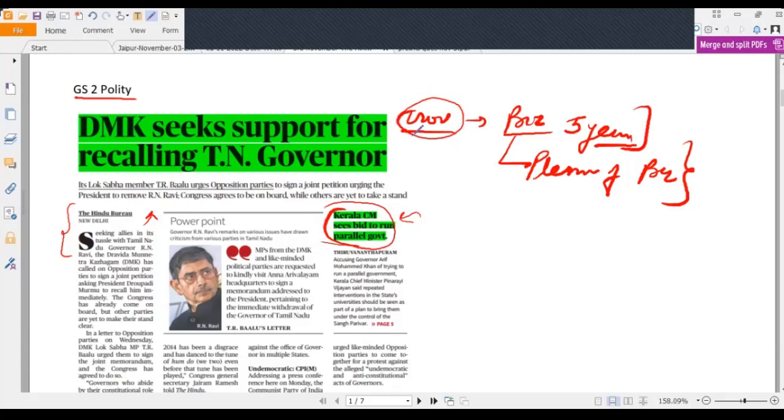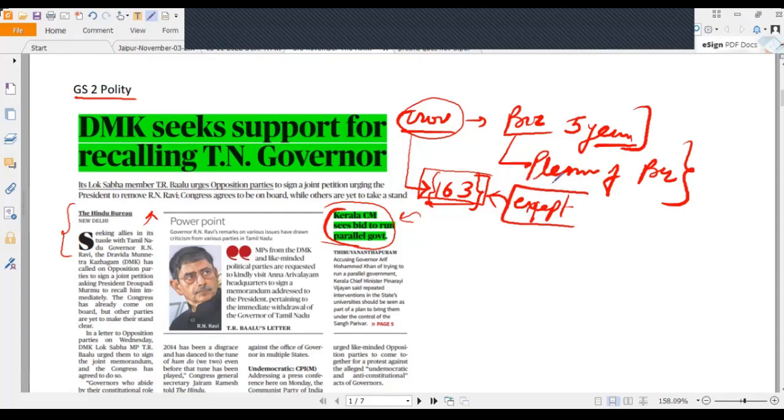Now, when it comes to functions of governor, under Article 163, Council of Ministers aid and advise governor on his duties, and governor has to act on aid and advice of Council of Ministers, except at times when he can take decision based on his discretion.